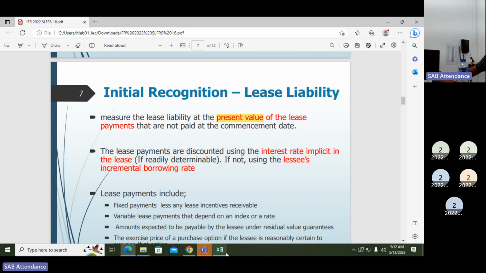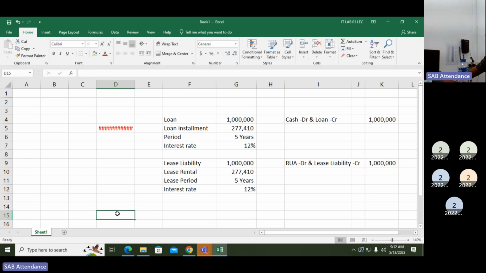Especially, leases we can broadly divide into two types, from the lessor's perspective.